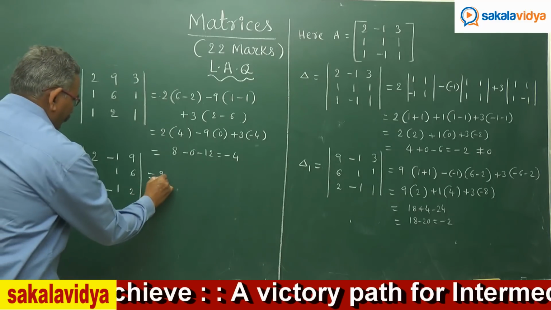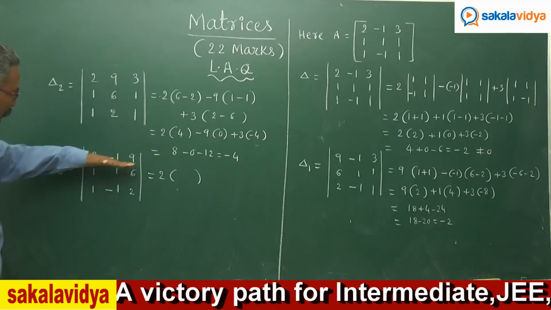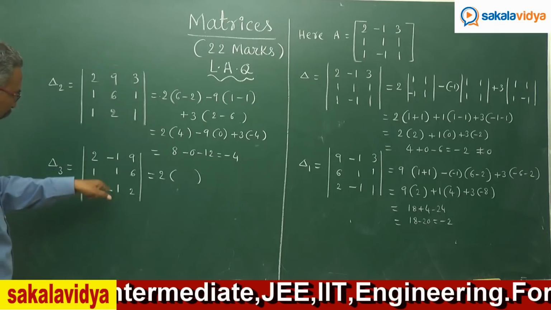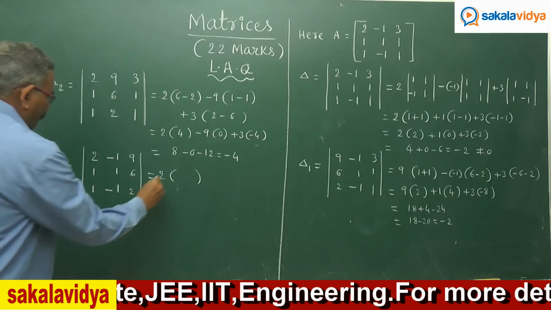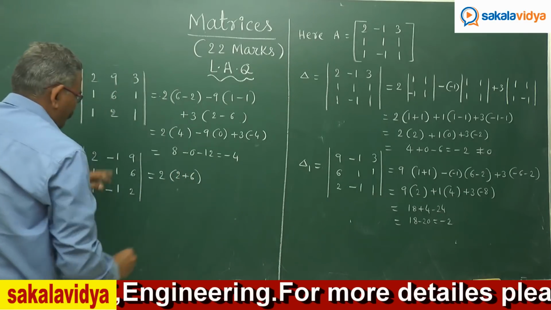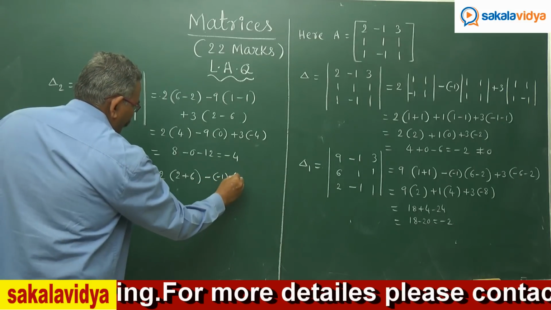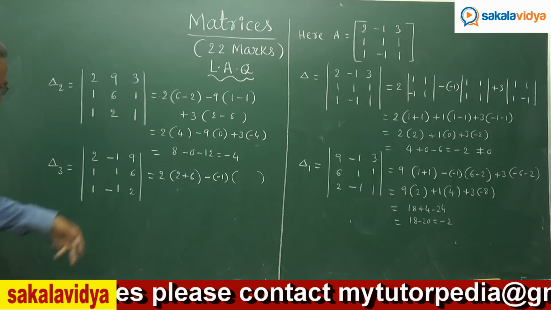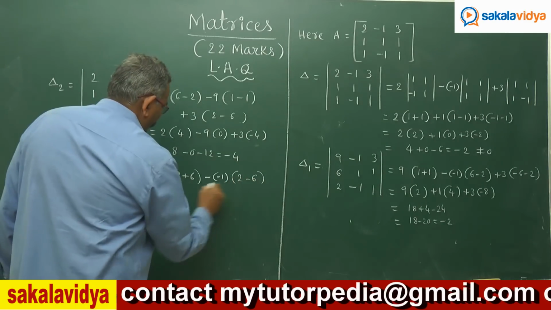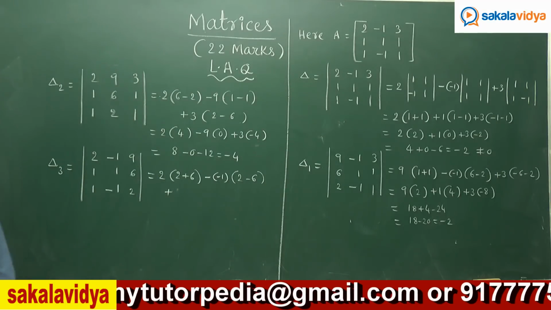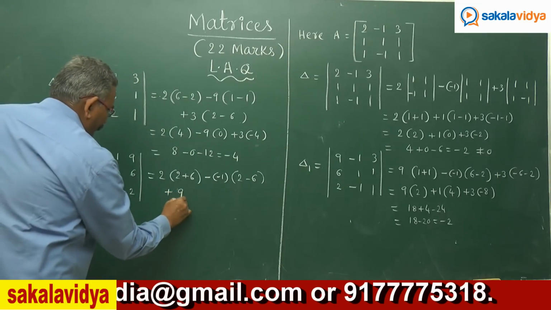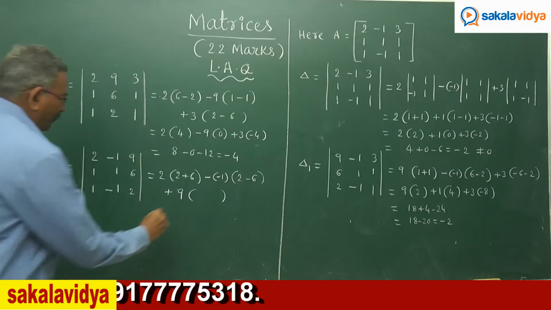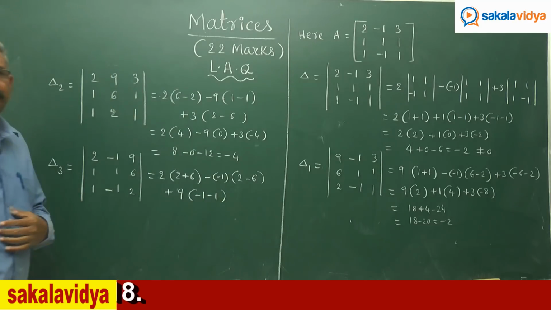2 multiplied by, delete this row, this column, the determinant of 1, 6, minus 1, 2, that is 2 plus 6. This is minus of minus 1, and here, deleting this row, this column, 1, 6, 1, 2, that is 2 minus 6. And plus 9 multiplied by, deleting this column, the determinant of this matrix, minus 1, minus 1.